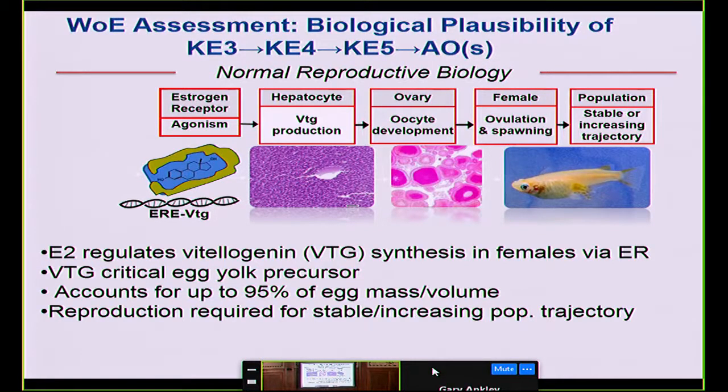We also know from normal reproductive physiology that vitellogenin is critical to egg yolk formation. It's about 95% of the egg. So obviously, if you decrease vitellogenin, it's entirely plausible you'll decrease egg production, and obviously fecundity is going to affect population levels. So based on what we know about normal biology, this is a very plausible pathway.